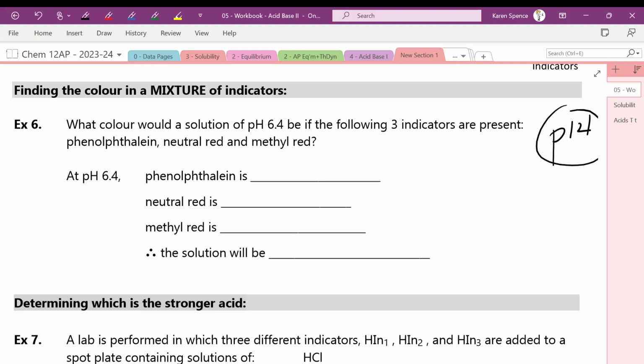What color would a solution of pH 6.4 be if the following 3 indicators are present? Phenolphthalein, neutral red, and methyl red.